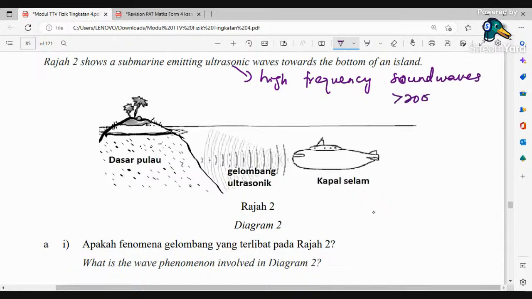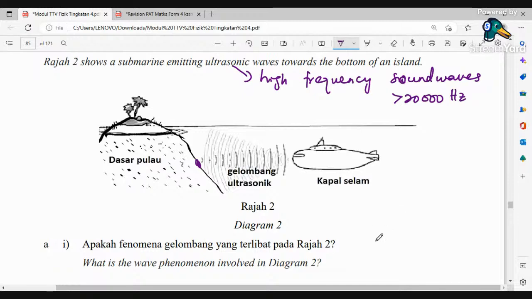Frequency is 20,000 hertz. Very high frequency, or we call it ultrasound. Okay, so ultrasonic using ultrasound. Okay, so ultrasound will be emitted and then hit the hard surface here, reflected and received back by the submarine.